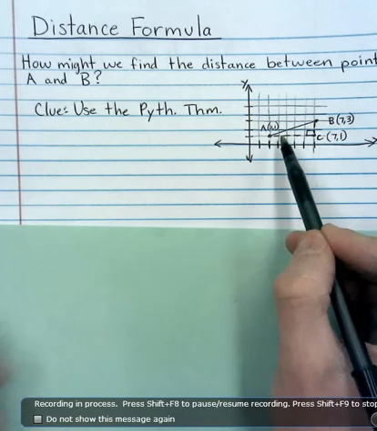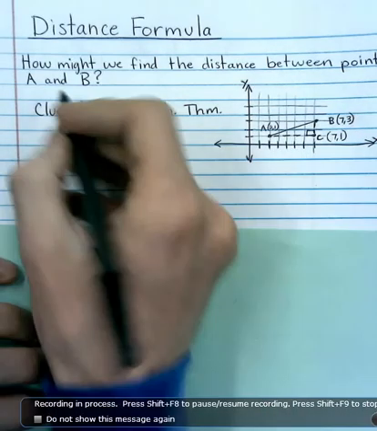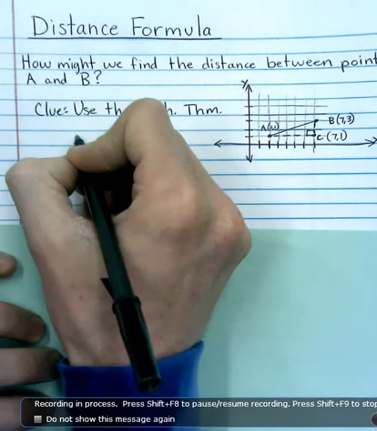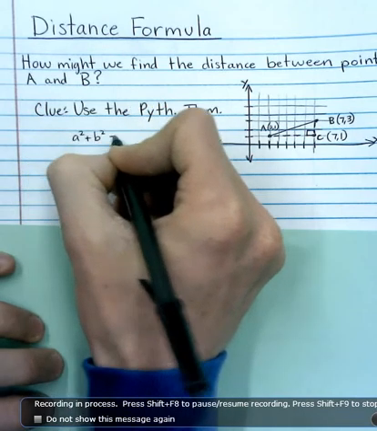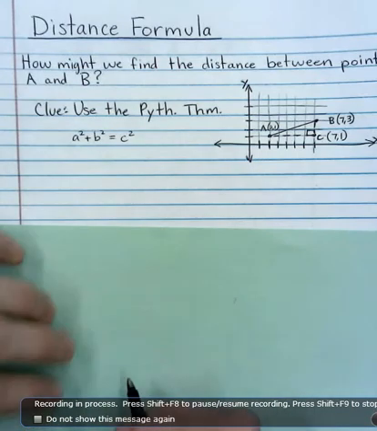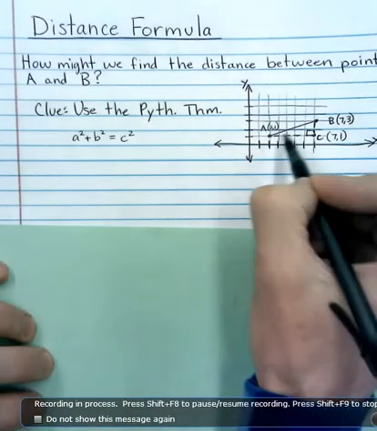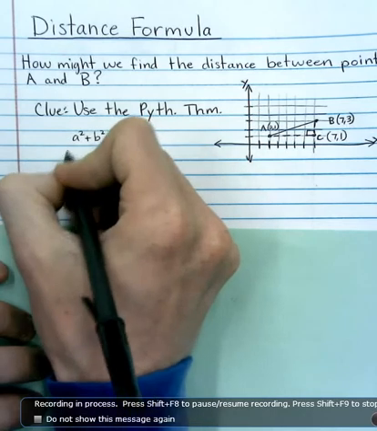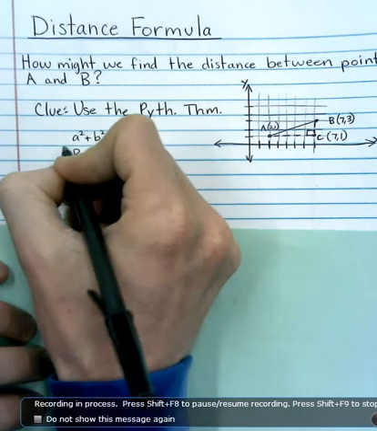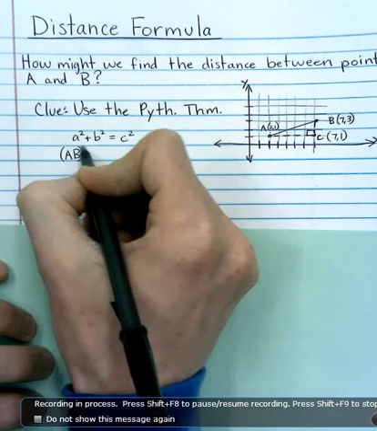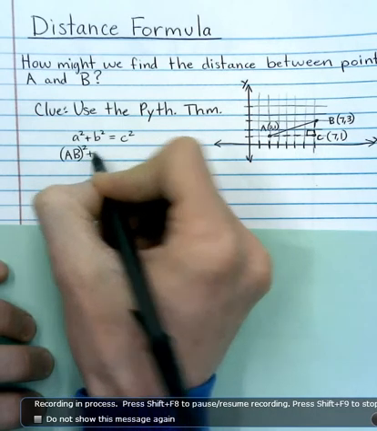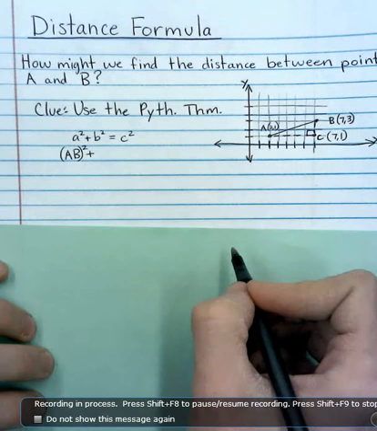So let's write down our equation. We know a squared plus b squared equals c squared. So in this case, let's substitute AB, and that just means the length of side AB, squared, plus, oh, I'm sorry, I messed that up.